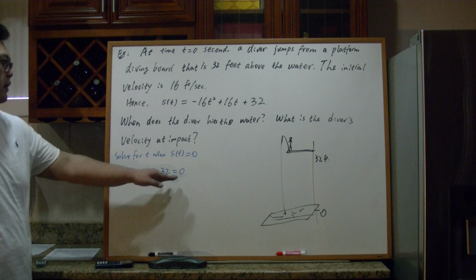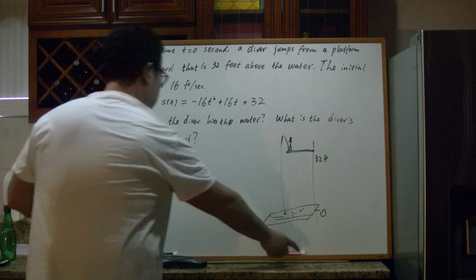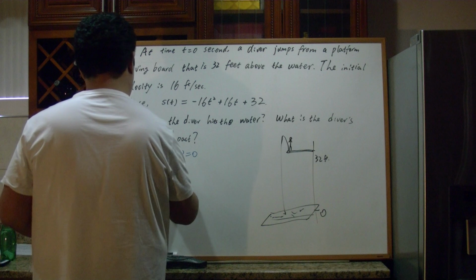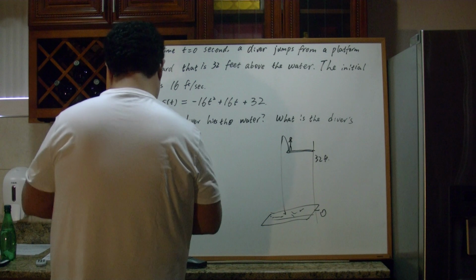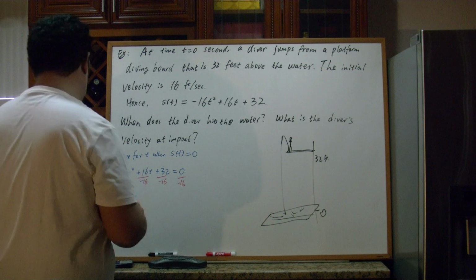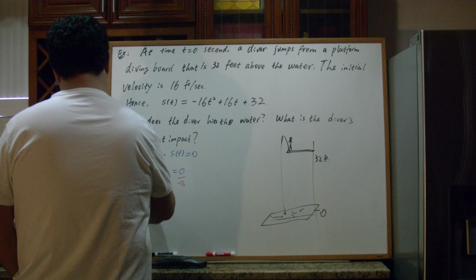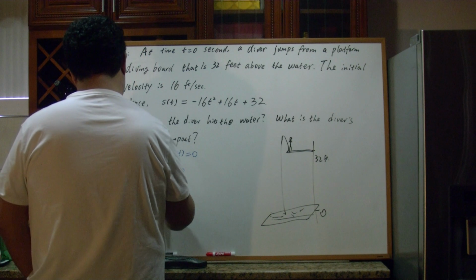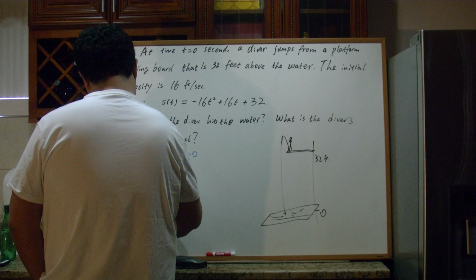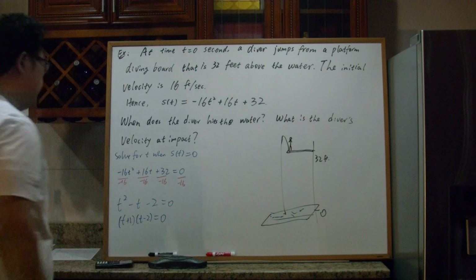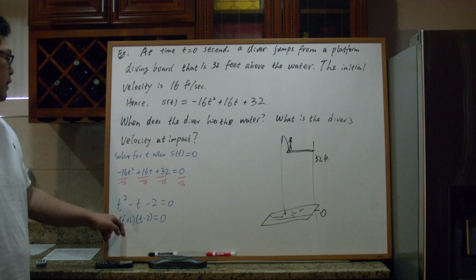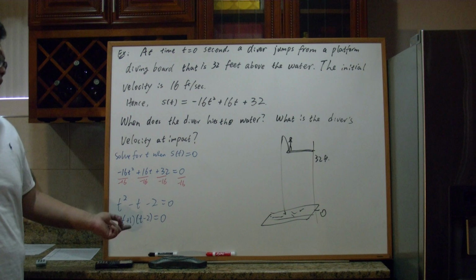If we divide every term by negative 16, of course we divide by the same thing, so the equation stays. We get t squared minus t minus 2, and we can factor it as t plus 1 times t minus 2, because 1 minus 2 is negative 1, and 1 times negative 2 is negative 2.